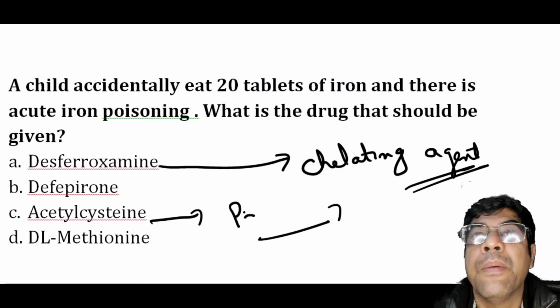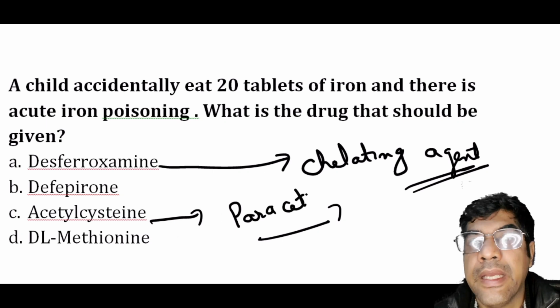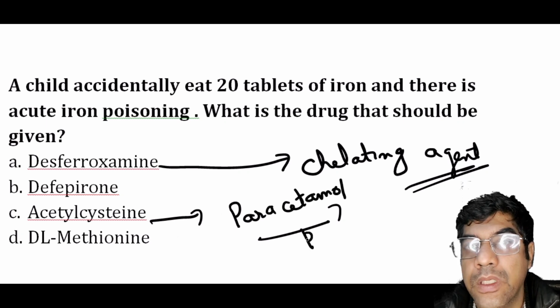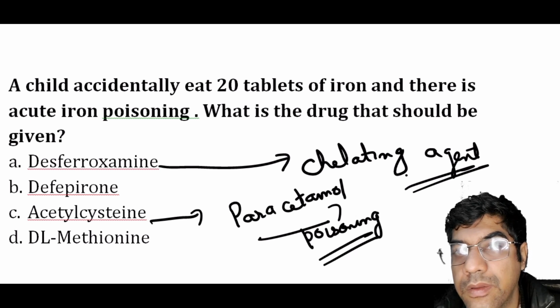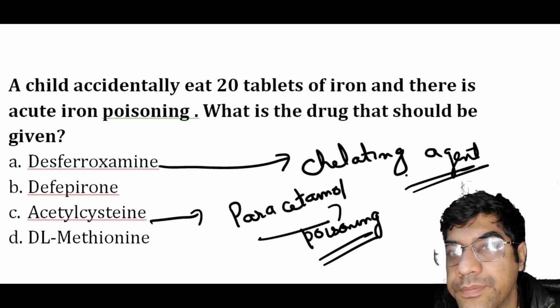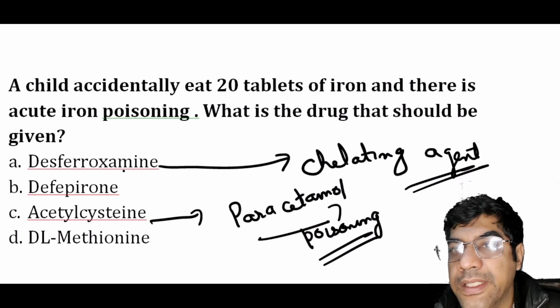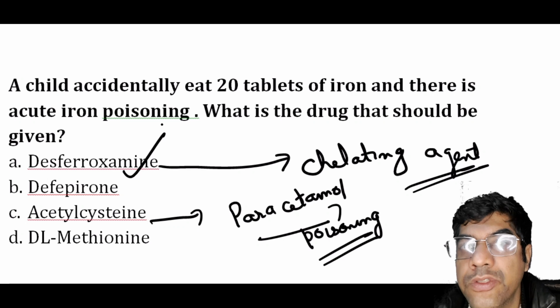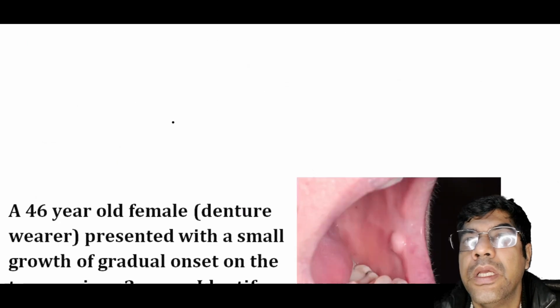It is used in case of paracetamol poisoning. So it acts as an antidote. So it is used in case of paracetamol overdose and for respiratory conditions with thick mucus. So your answer would be A here.